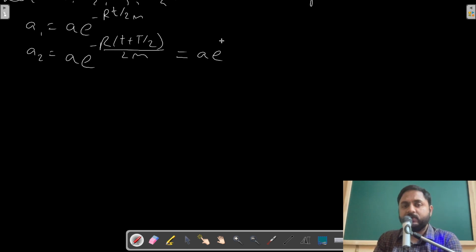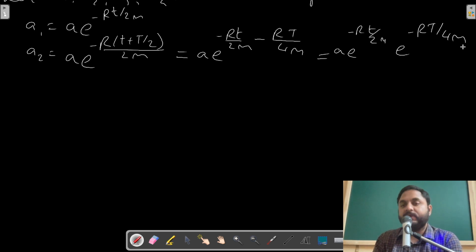So I will write A into e raised to minus, opening the brackets, rt by 2m minus r into capital T by 4m. Since this is an exponential function, I can also write this as A into e raised to minus rt by 2m multiplied by e raised to minus r capital T by 4m.